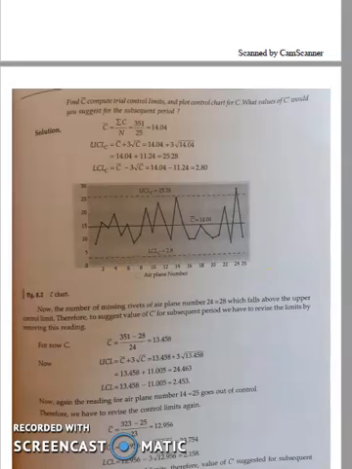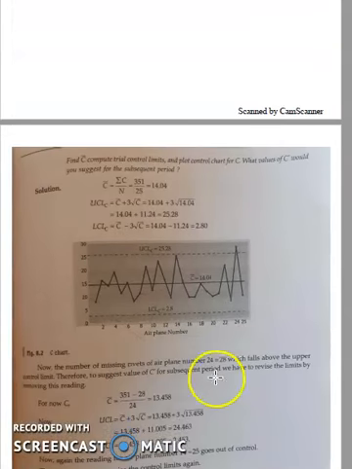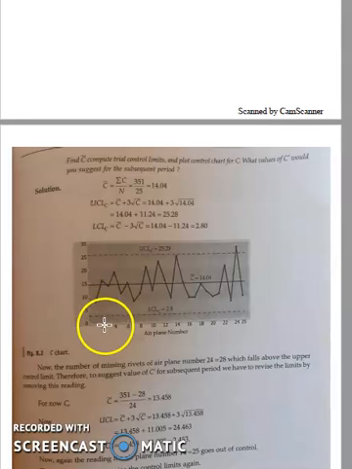Here in the problem, for aeroplane number 1, 8 rivets are missing. Just see, aeroplane number 1 and 8 rivets are missing. For aeroplane number 2, you note down the number of rivets missing and plot a point, and after that you join all these points and you will get this c chart.